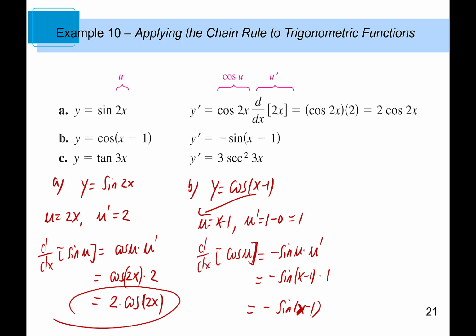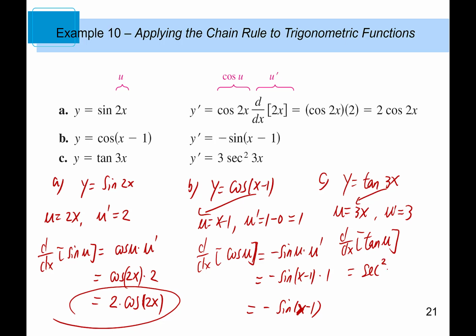Okay, the very last one. Y equals tangent 3x. So we assume u equals 3x. Then u prime is 3. So tangent u. Derivative of tangent u is secant u squared times u prime.